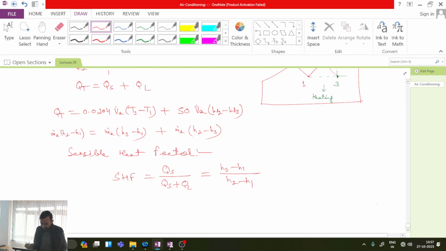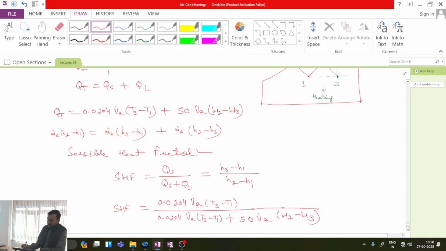And in terms of the flow rate of air, it can be written as 0.0204 V dot A into T3 minus T1 divided by that plus 50 V dot A into W2 minus W3.